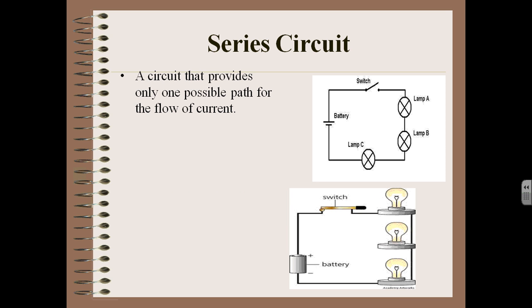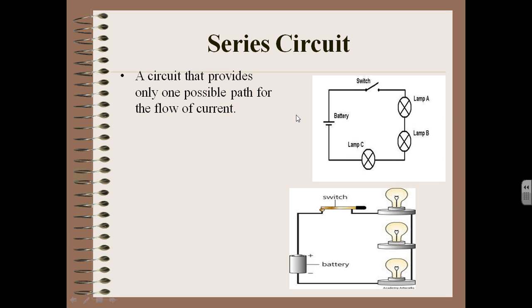Let's talk about the two different types of circuits that are mentioned in our standard. The first circuit is called a series circuit. Remember, a circuit is a path along which current can flow. Well, if there's only one possible path for the flow of current, that is what we would call a series circuit. And if you notice here in this particular picture, there's only one path or one way that electricity can flow along this circuit.